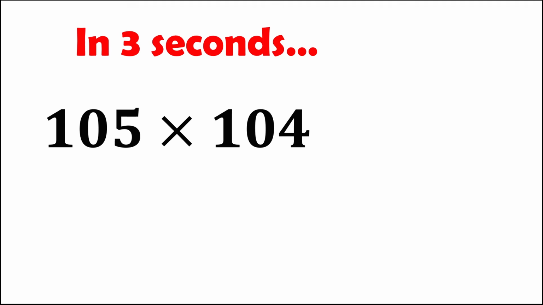So to find the product of these two numbers in 3 seconds, now take note that we are multiplying these two numbers closer to 100 but greater than 100. So for this, 105 and 104, since 105 is plus 5 from 100 and 104 is plus 4 from 100, then you can do now the addition.